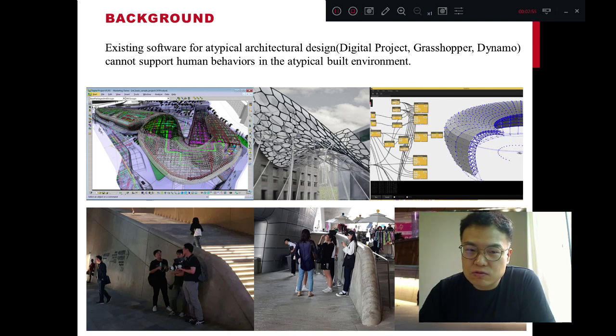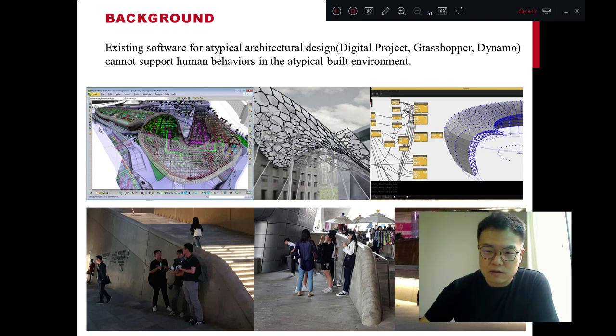Also, existing software for atypical architecture design, like Digital Project, Grasshopper, Dynamo, and so on, cannot support human behavior in the atypical environment.